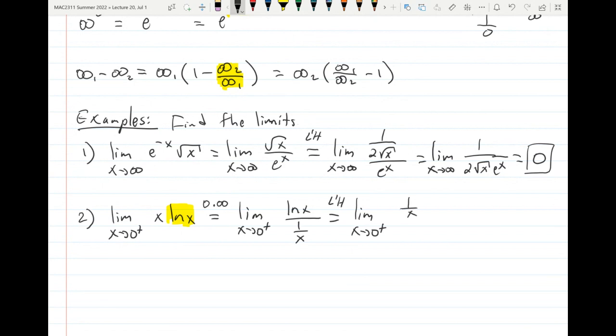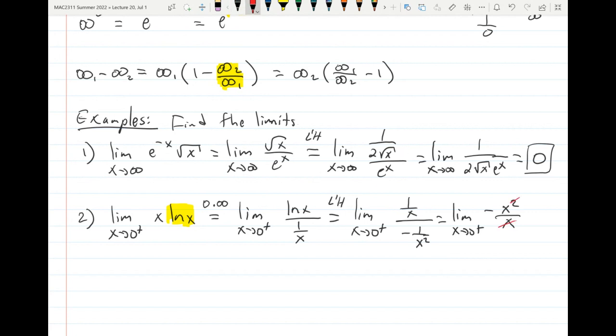So that would be 1 over x, the derivative of ln is 1 over x, and the derivative of 1 over x is negative 1 over x squared. Okay, so simplifying here, we get the limit as x approaches 0. So let's see, the x squared comes to the top, so it's going to be negative x squared over x.